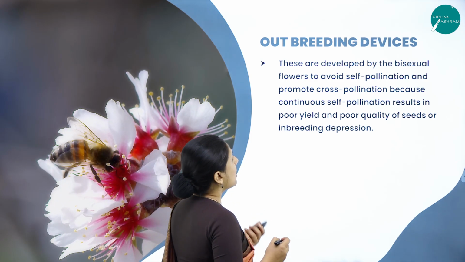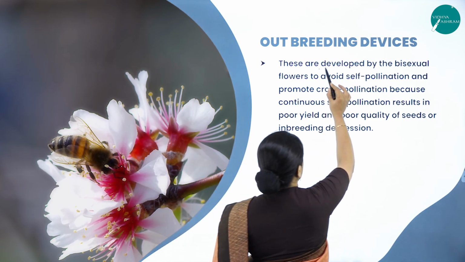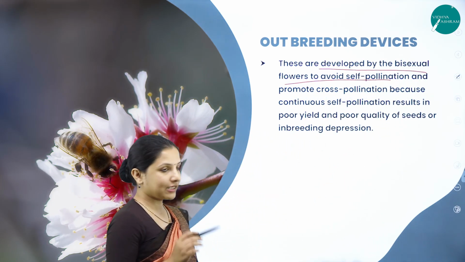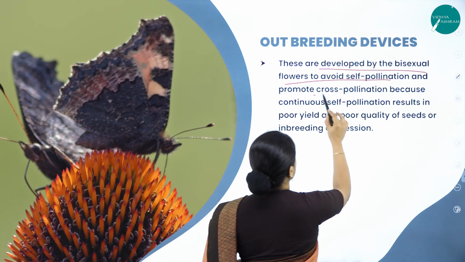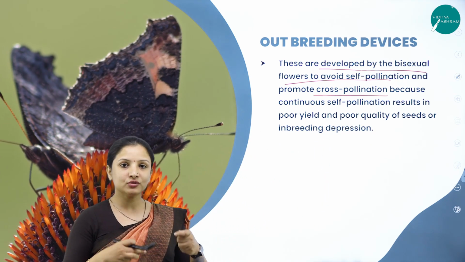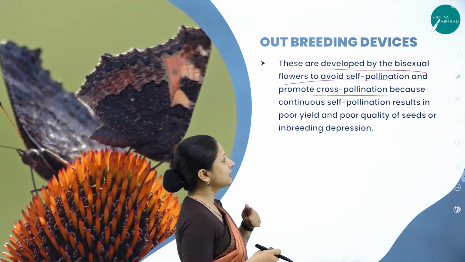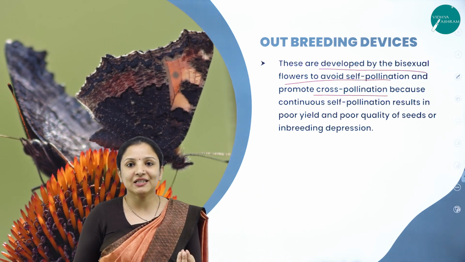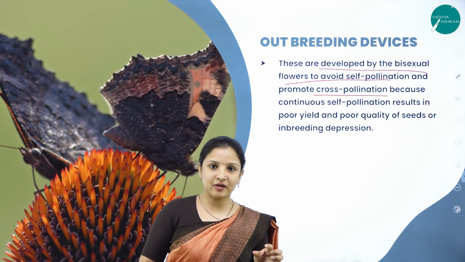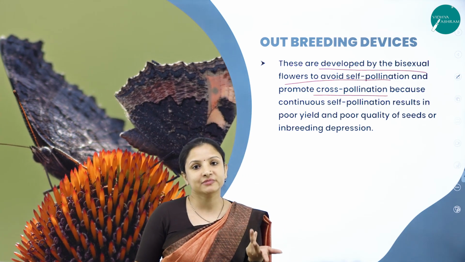So outbreeding devices are developed by the bisexual flowers in order to avoid self-pollination and to promote cross-pollination, because sometimes because of continuous self-pollination, what happens? The quality of the seeds will become very poor. Say for example, in that same flower, that plant is suffering from some disease.